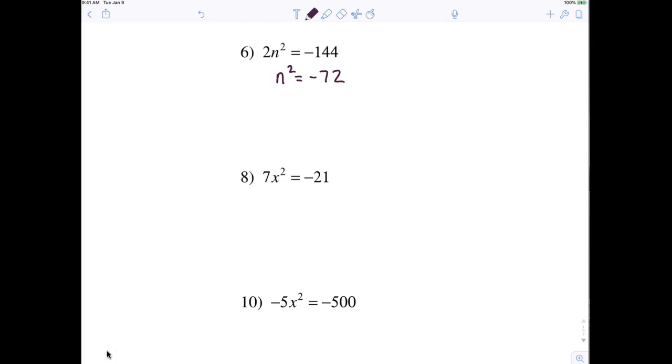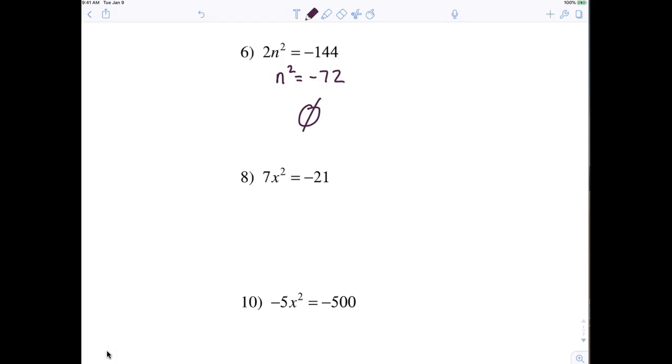And then, of course, everybody's just going to tell me, well, obviously that is? Very good. No solution. Again, why is it no solution? Right. No number squared will be a negative.